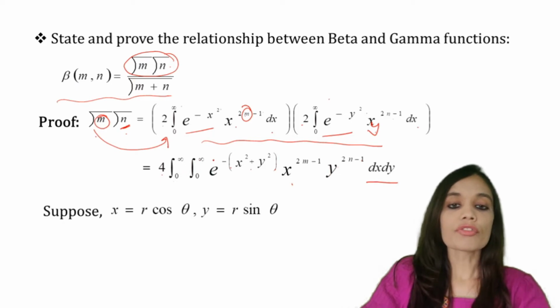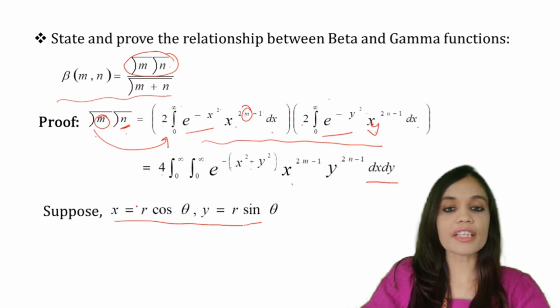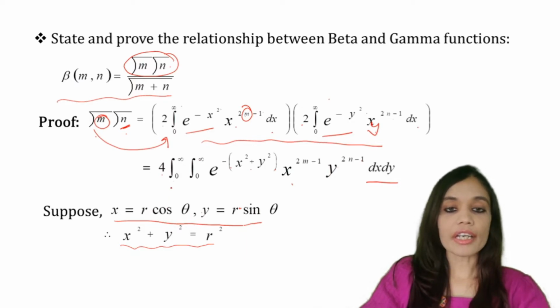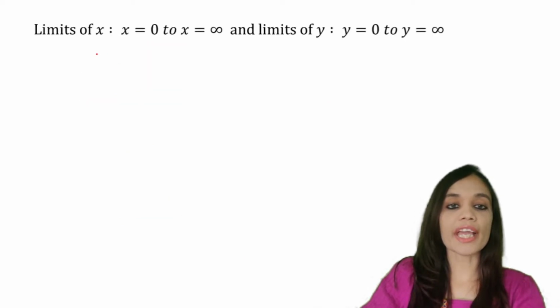So now we will evaluate this using polar coordinates, that is x is equal to r cos theta, y is equal to r sin theta. So from this we can say that x square plus y square is equal to r square. Okay. Now let us write the limits of x and y.